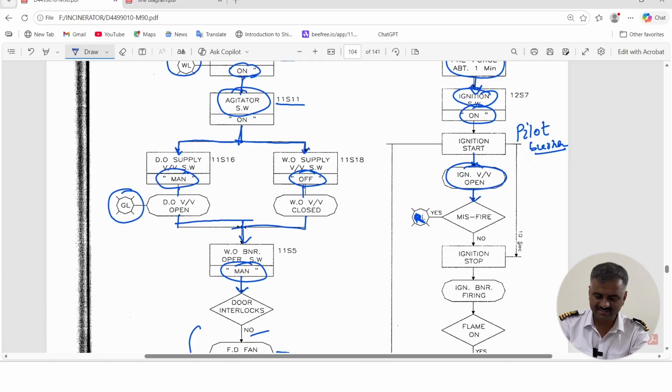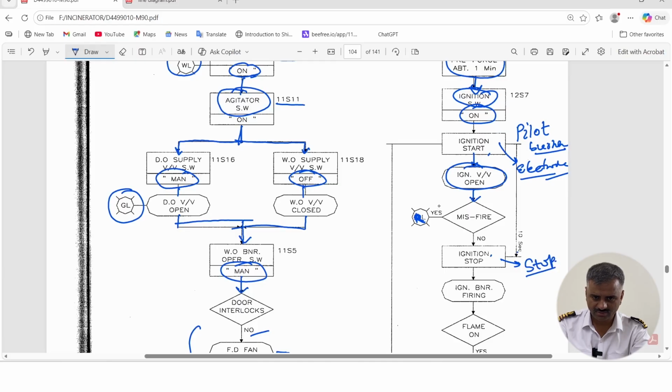For 10 seconds this will continue. Your electrodes will keep sparking for the next 10 seconds, and diesel will keep going for this period. Ignition will start. That means here the electrode will create a spark. Ignition start to ignition stop: the electrode is sparking for 10 seconds, and then the electrode sparking is stopped.